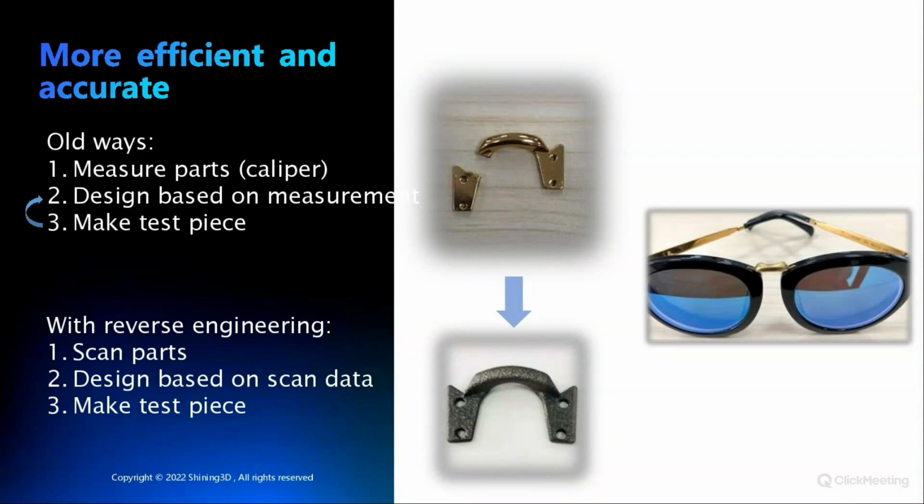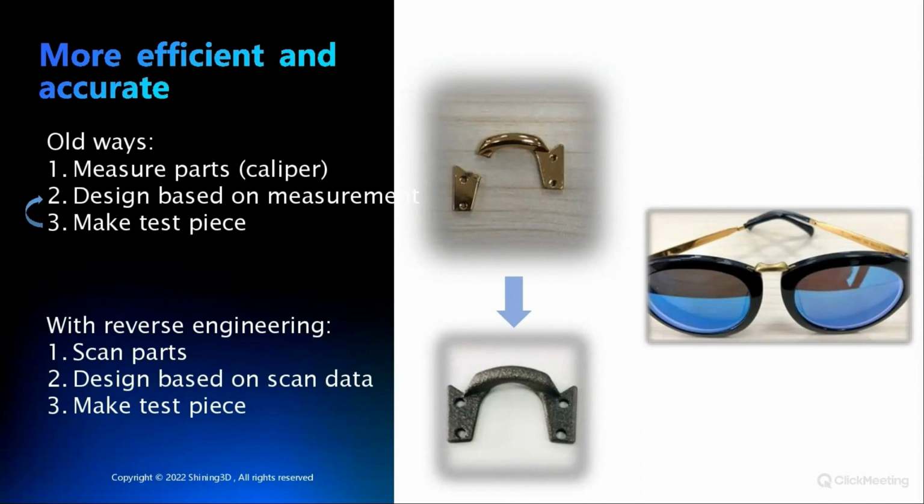Compared to, for example, using a caliper to measure the part, you can only measure certain areas, like say you have 4 or 5 measurements. Compared to 1,000 measurements, the scanner is way more efficient than the normal measuring process. And also, because you only have limited measurements with the normal process, the data might not be accurate enough.